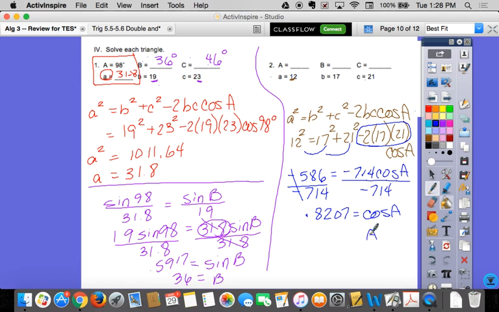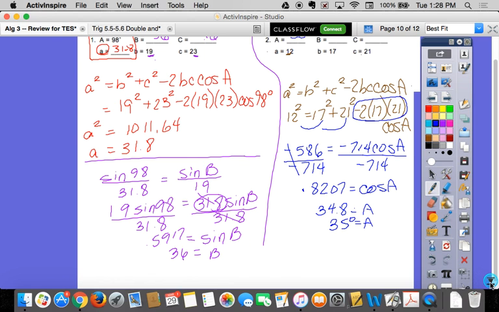Do inverse cosine of your little decimal here. And it came out to be 34.8, but you're more than welcome to round that to 35 degrees. So this is 35 degrees. Okay. Now, you actually have a complete ratio. I don't blame you at all if you want to go law of sines with that.